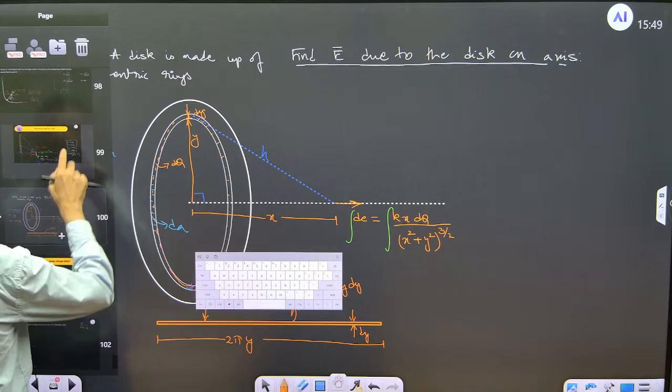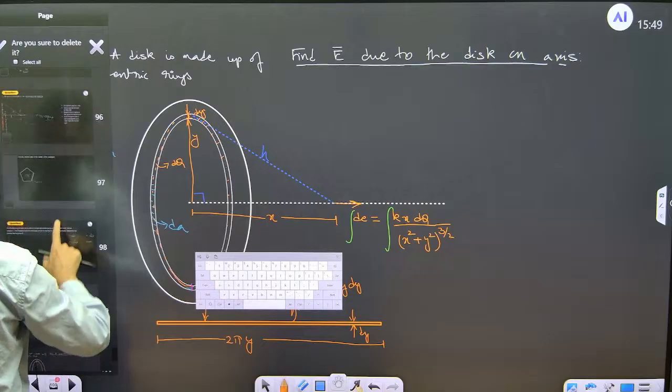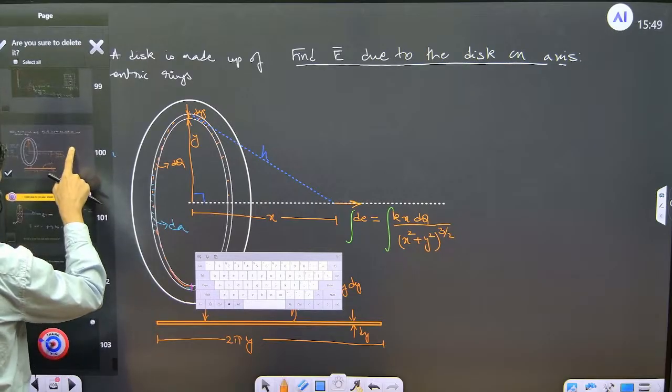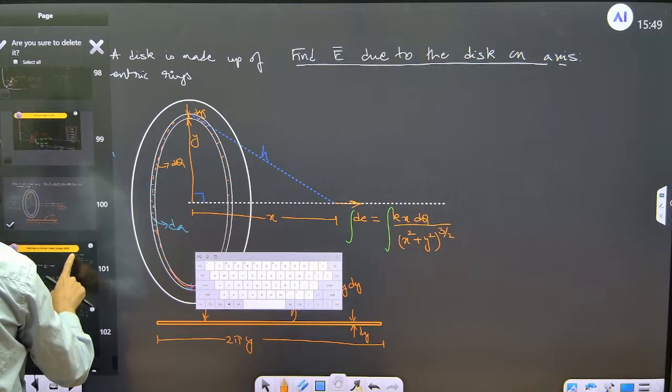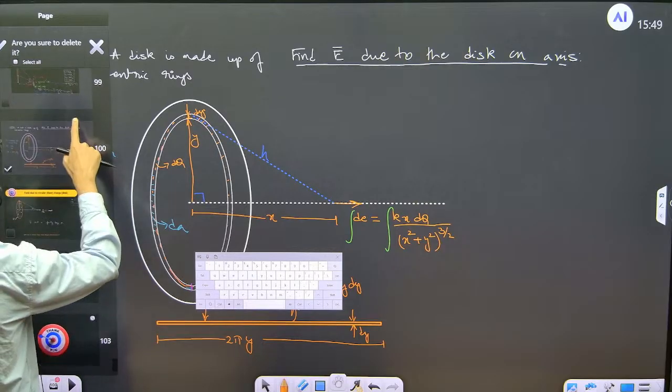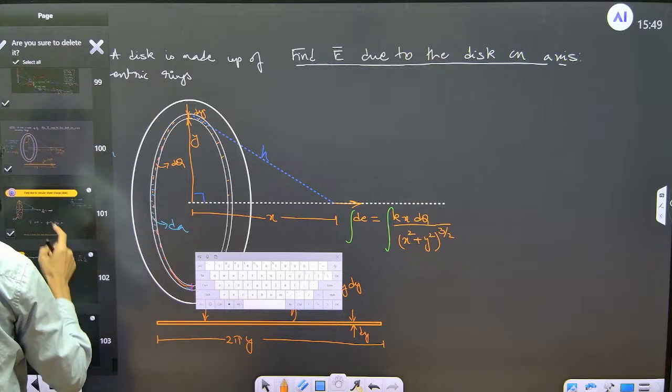And then let's save this also. How much you've done today? You've done this, we have to do, right? All selected.